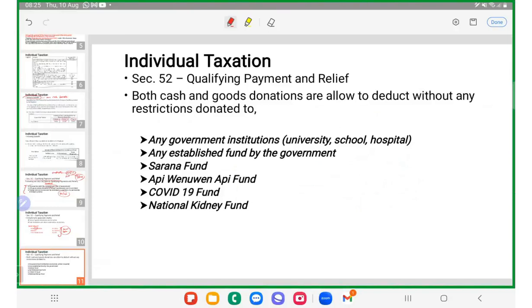Then the Sarana fund, Nafi fund, COVID-19 fund, and the national kidney fund. If you make a donation to any of these institutes in cash or in the form of goods, both are allowed without any restrictions.